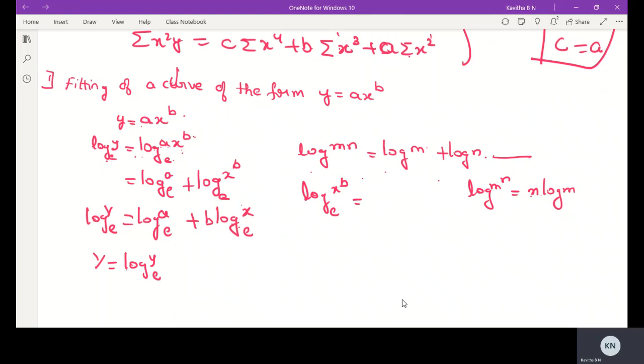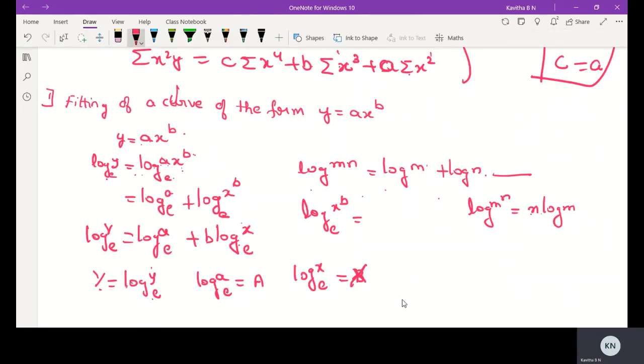We are considering log y base e is equal to capital Y, and log a base e we are taking as capital A. Then log x base e we are taking as capital X. Then take down log y base e is equal to log a base e plus b log x base e.